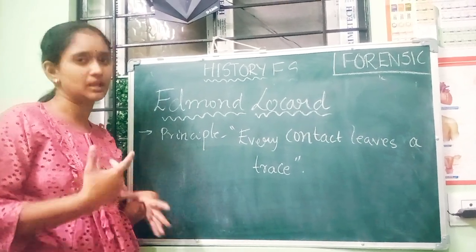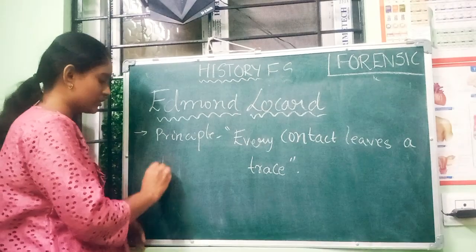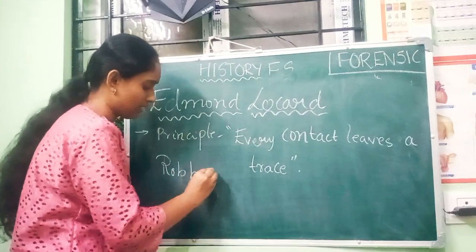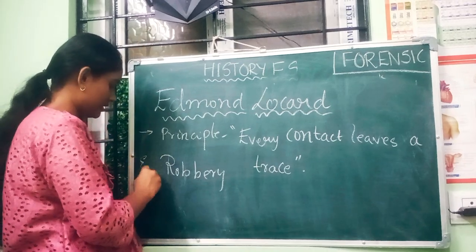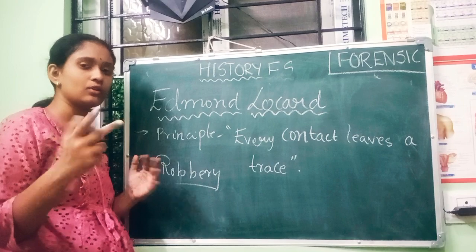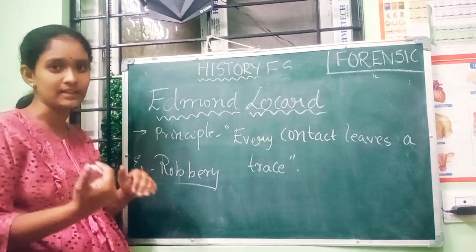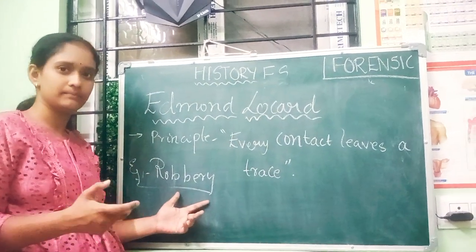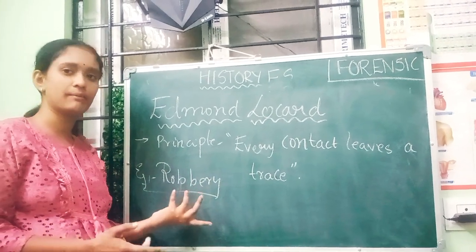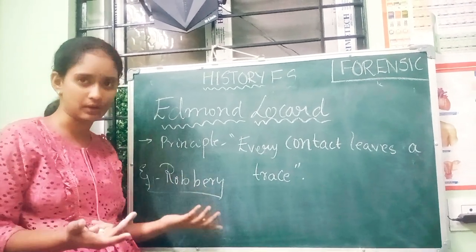Whenever a crime occurs, let's just take an example of robbery, which is a normal crime. If you take a situation like a home where a robbery has happened, the thief will not come through the door side. Of course, he can come by the window, because the door will be closed.